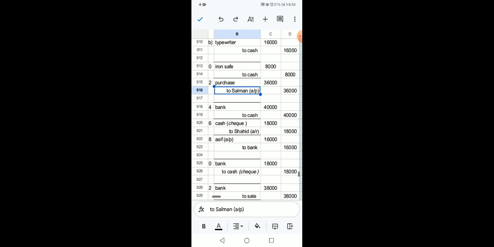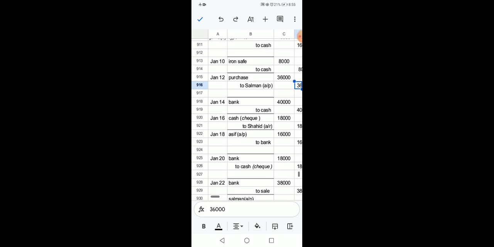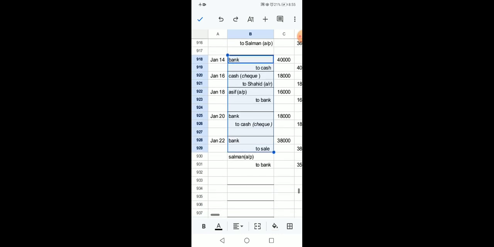Here you can see that we had purchased goods from Salman for rupees 36,000. So the total amount was 36,000, but still you have to see if Salman is present anywhere after that entry and before our current entry. Salman is not present anywhere, so there is only one entry, on January 12, where we were liable to pay Salman 36,000.